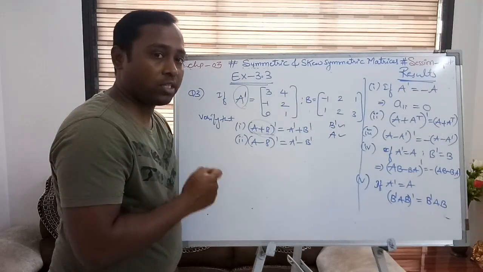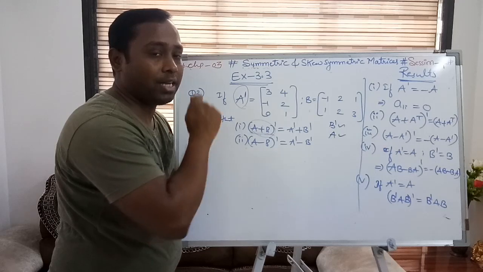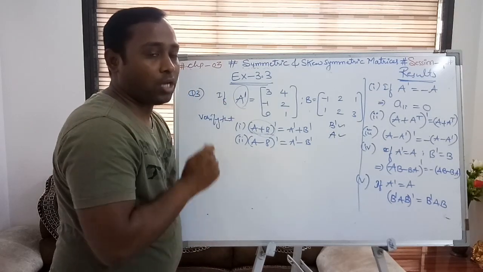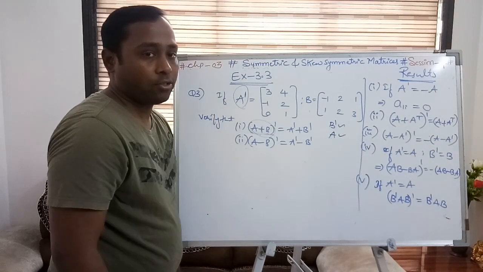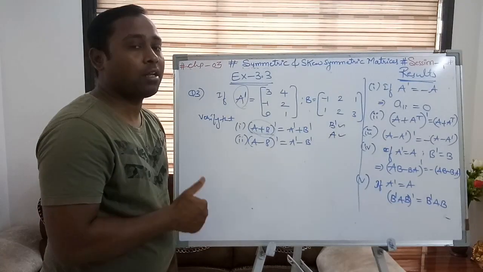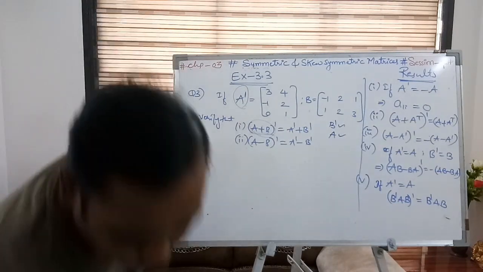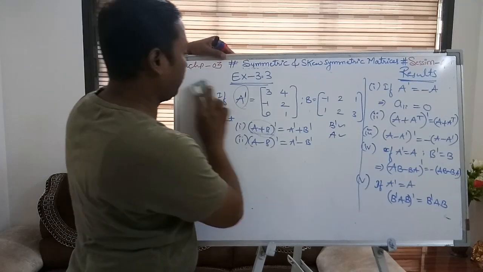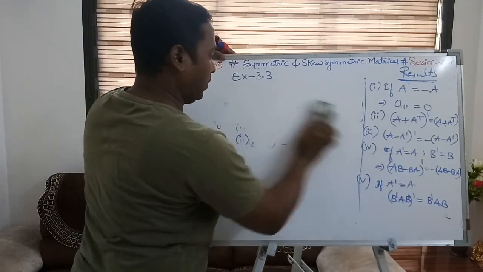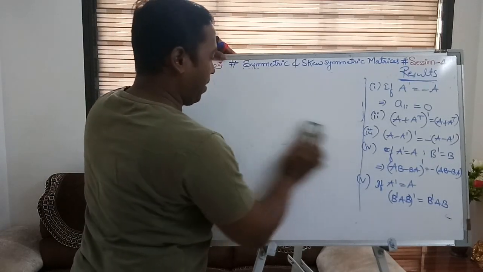Now I am moving to the main important core part of this entire concept, which has been asked for 4 marks. That will be the last question of the session.